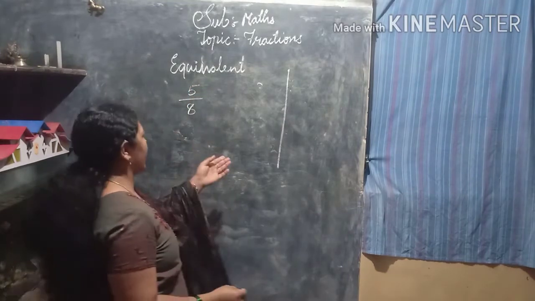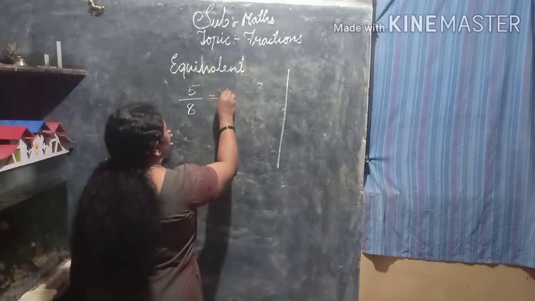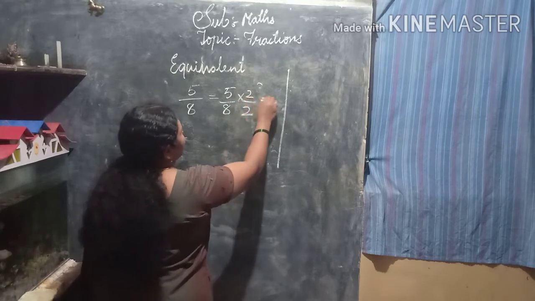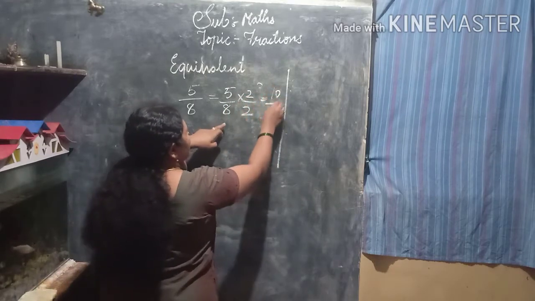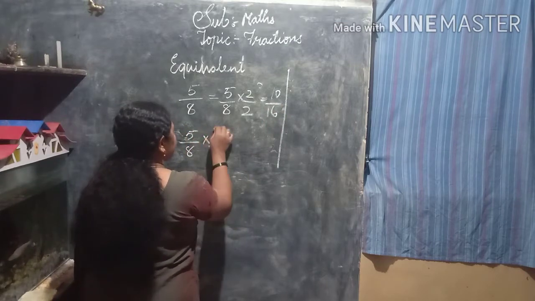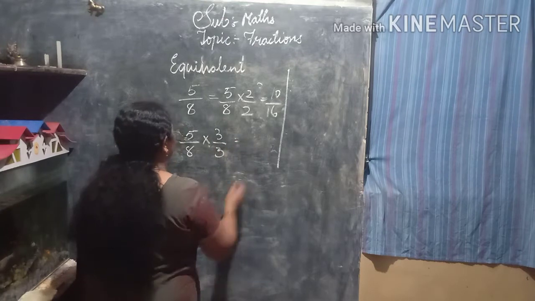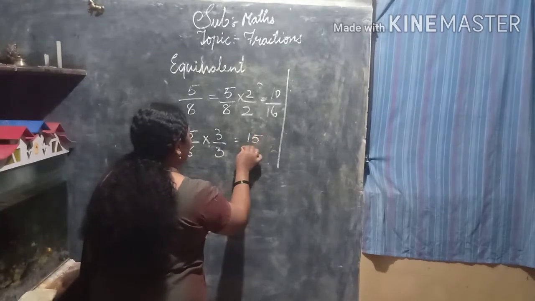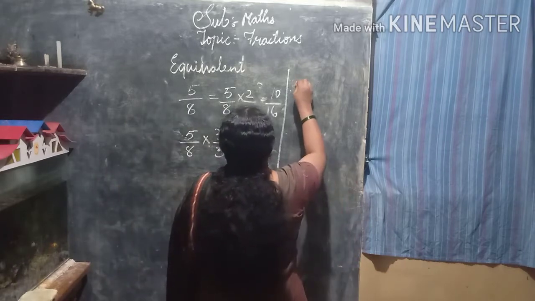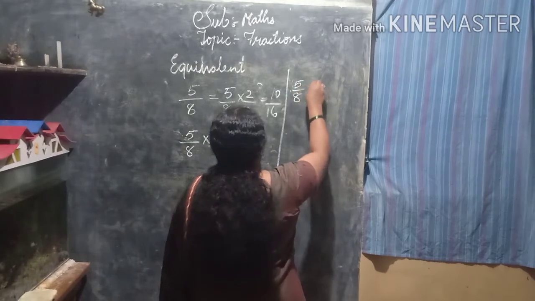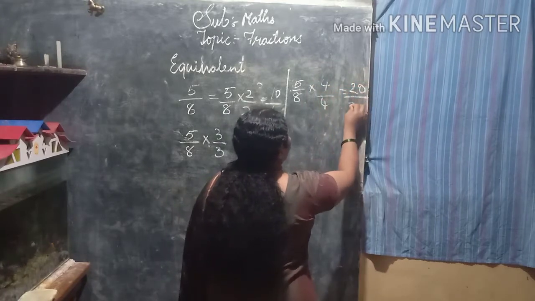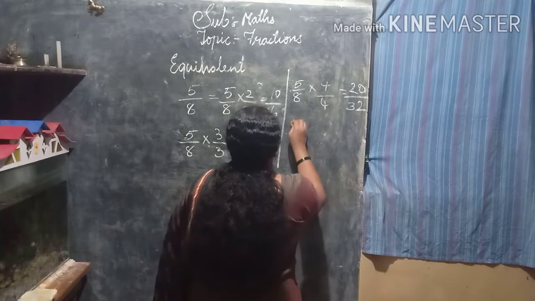Again, let us start with 5/8 into 2/2. 5 2s are 10, 8 2s are 16. 5/8 into 3/3, 5 3s are 15, 8 3s are 24. 5/8 into 4/4, 20 and 32.